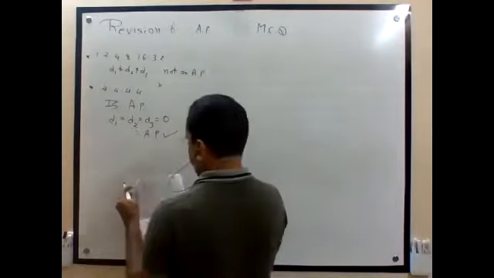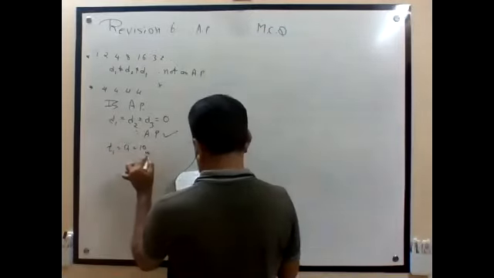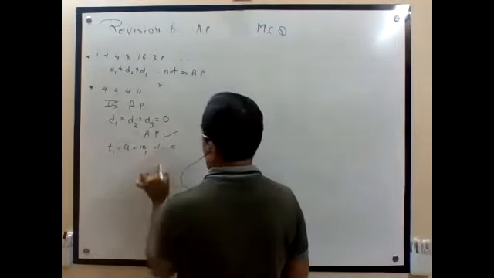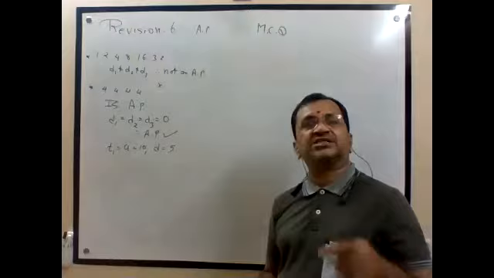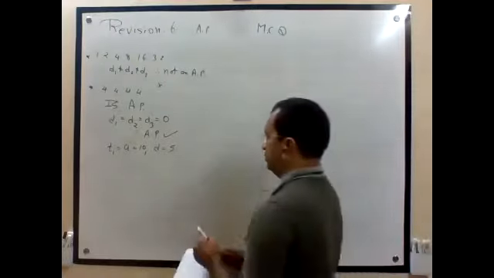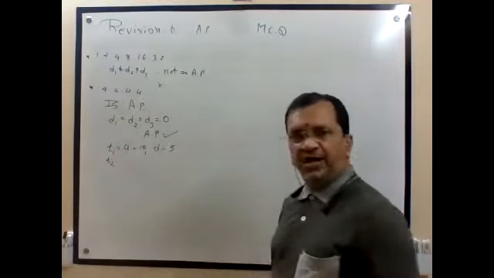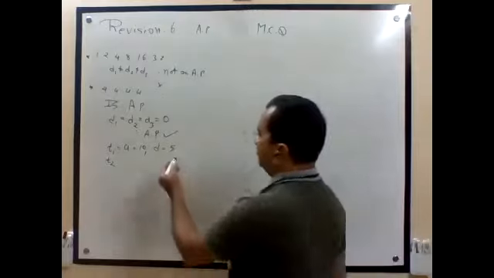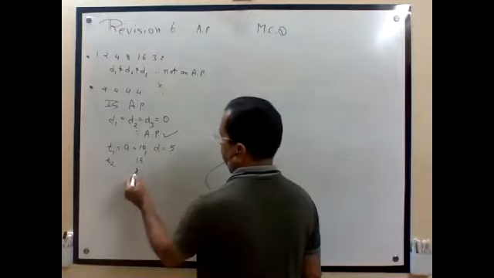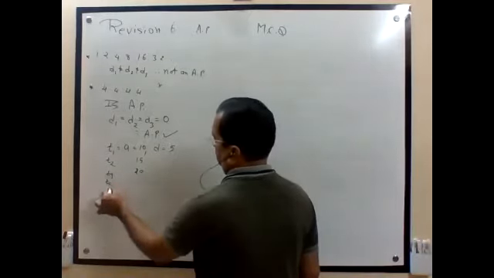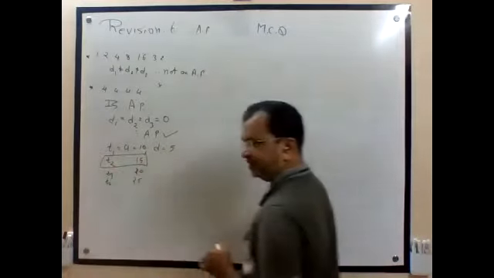Now the first one is given, T1 is equal to A is equal to 10. Difference is 5. It is positive, so increasing. They have asked for T2. By two methods you can find. If the difference is 5, starting value is 10, so next value is 15, next value is 20, next value is 25. This is MCQ, so this T2 you have to find.